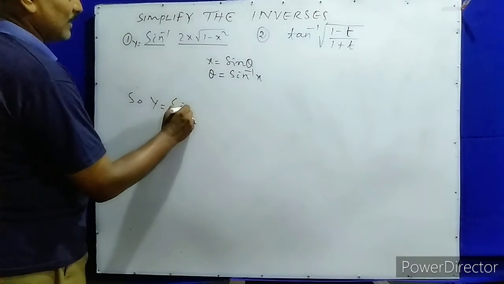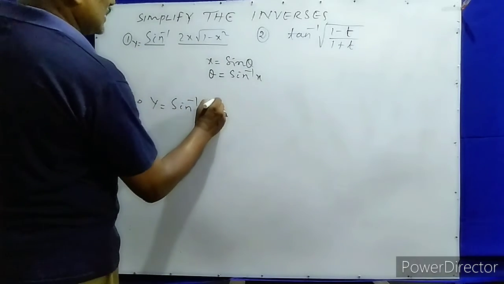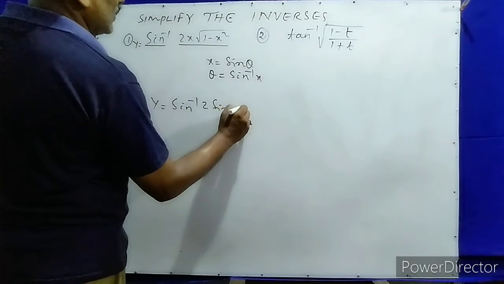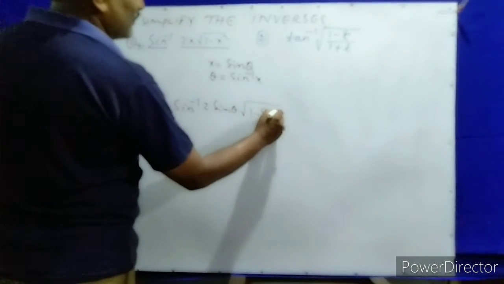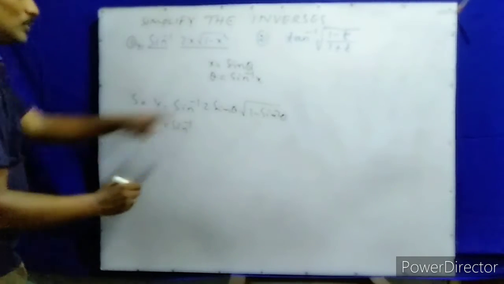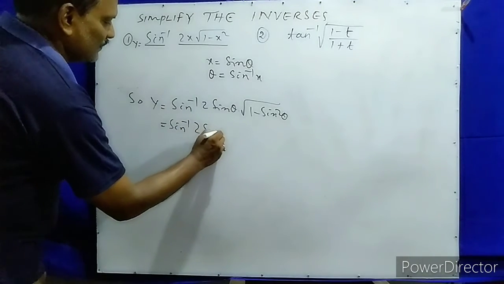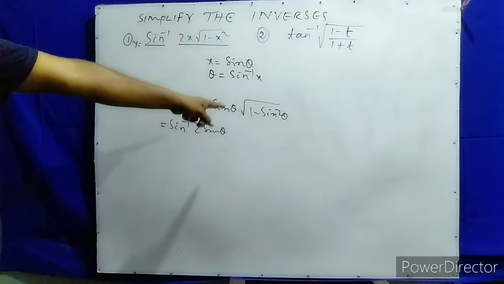sin inverse, instead of x you put sin theta, then 2 sin theta root over 1 minus sin square theta, which equals cos square theta.